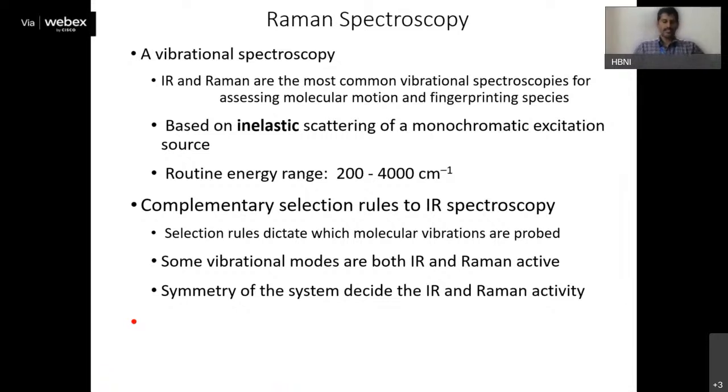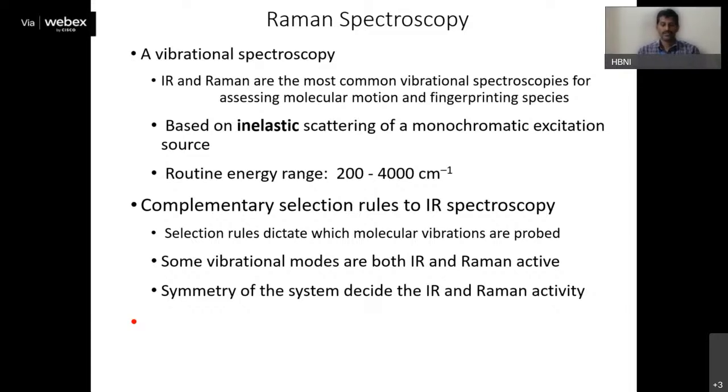As we know, these vibrational levels are in the infrared region, but there are a lot of difficulties if you want to do measurement in the full range, because you need to change the detector, the source, the beam splitter, etc. So these measurements are quite cumbersome, and sometimes because of the symmetry some modes are not visible in the infrared.